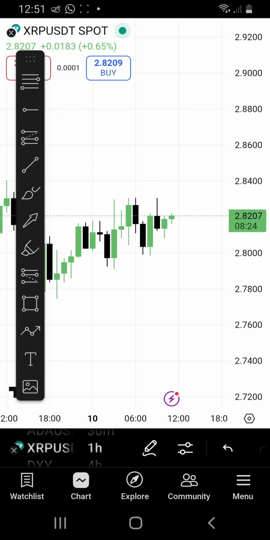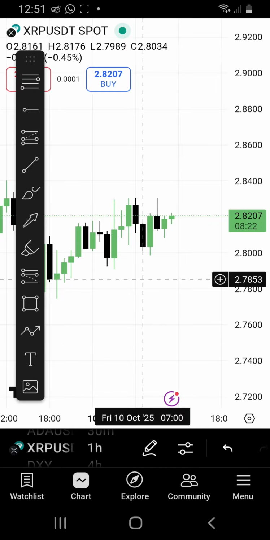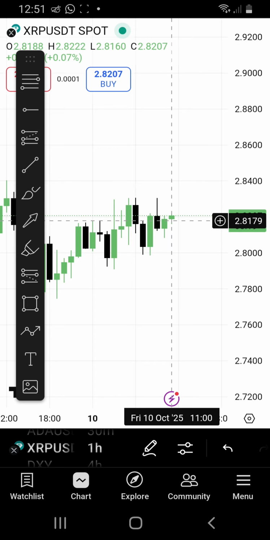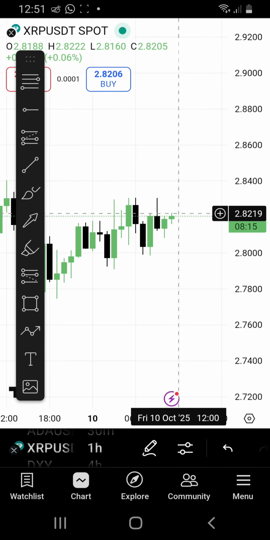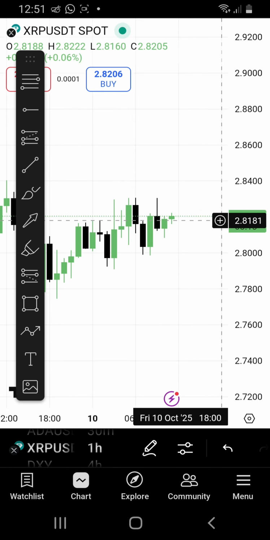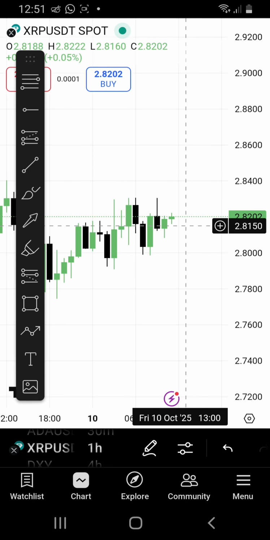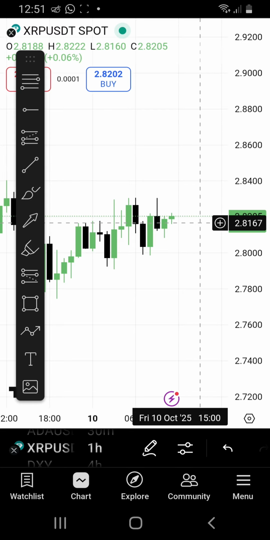Like you see here, this one is the current candlestick that is moving, right? And you see something here we call the price. This is the price of what you are trading, because you are trading futures perpetual.